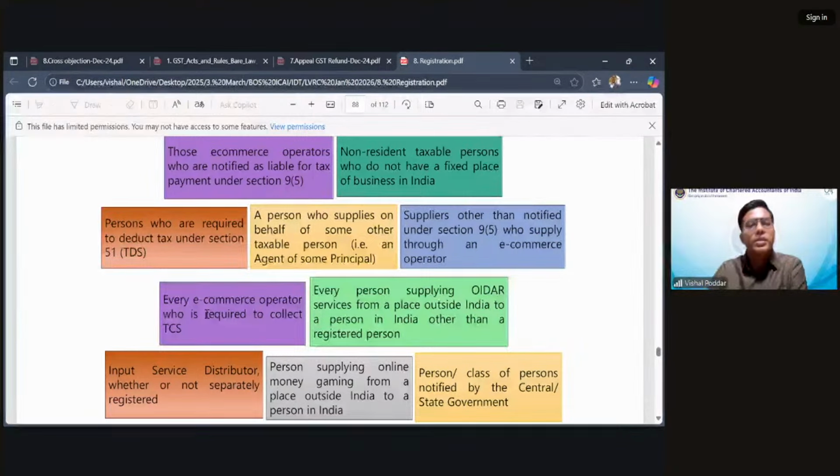And TCS under GST will be collected again only in one single scenario, that is where supplies are through an e-commerce operator. So the e-commerce operator has to collect the tax. Other than these two scenarios, no other scenarios under GST are covered under TDS or TCS.